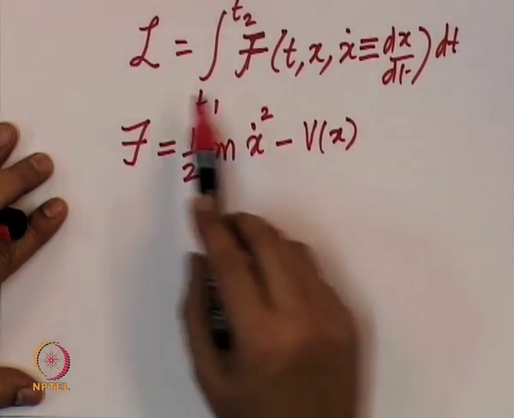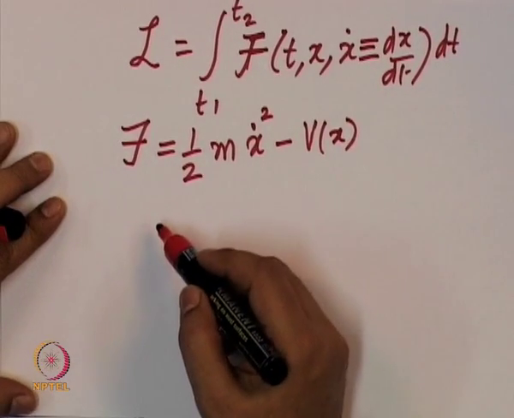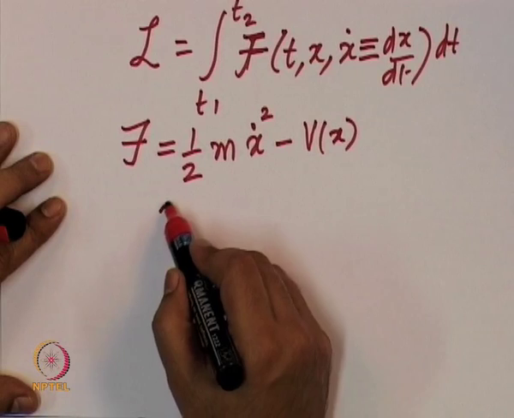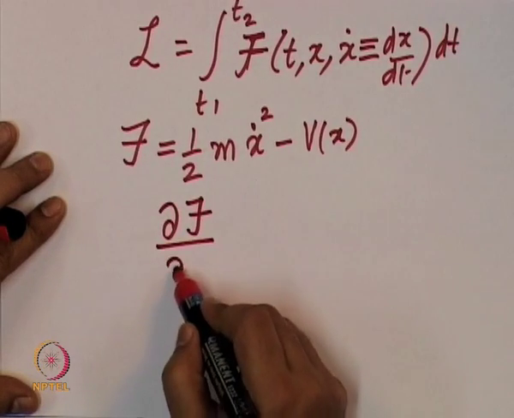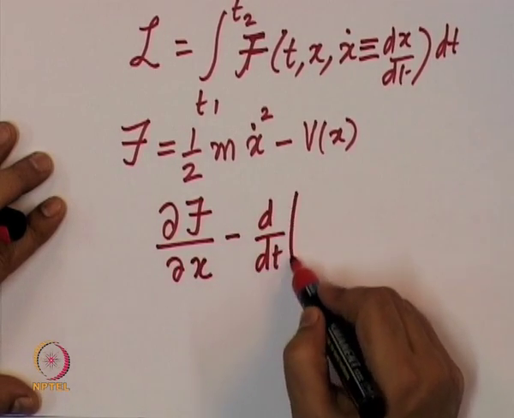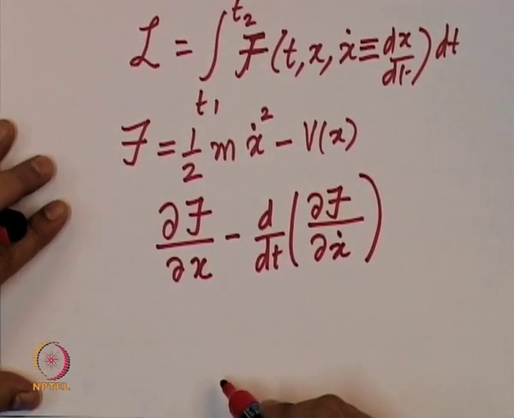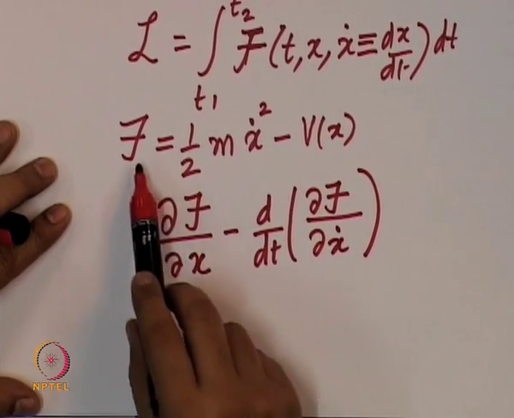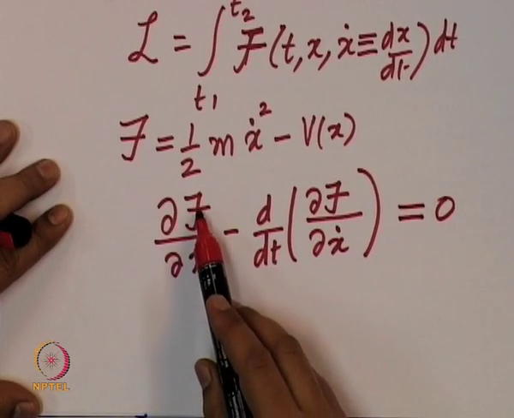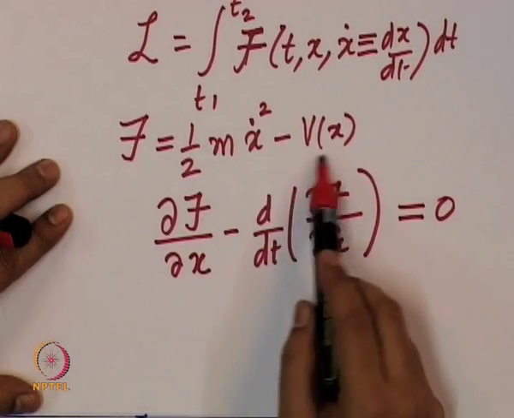If we want to minimize this functional, then we know that minimization means the Euler-Lagrange equation. In this case, because t happens to be the independent variable, the Euler-Lagrange equation would be dou f by dou x minus d by dt of dou f by dou x dot, and this should be equal to 0.